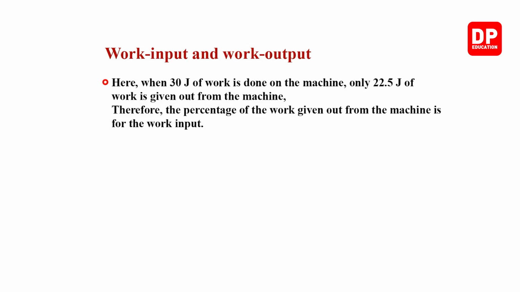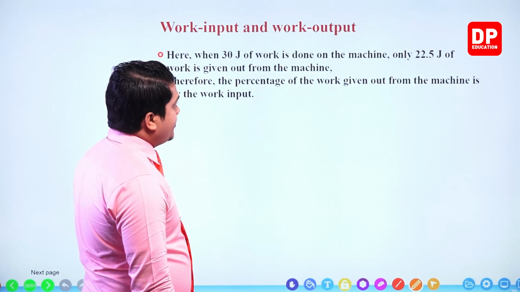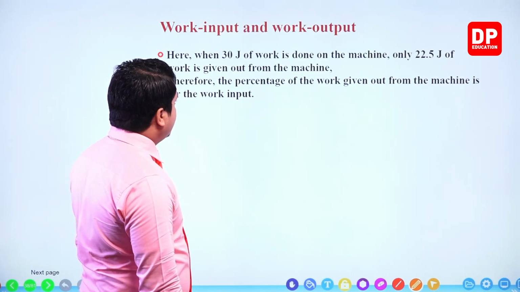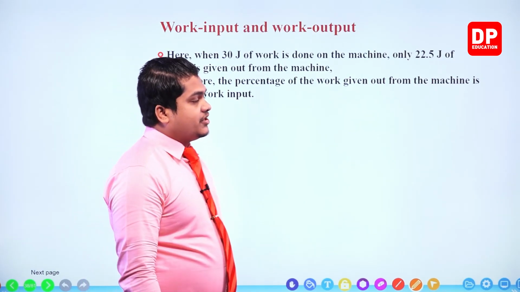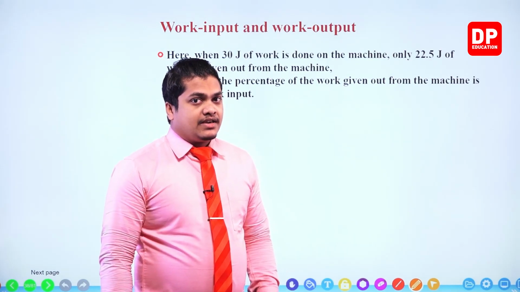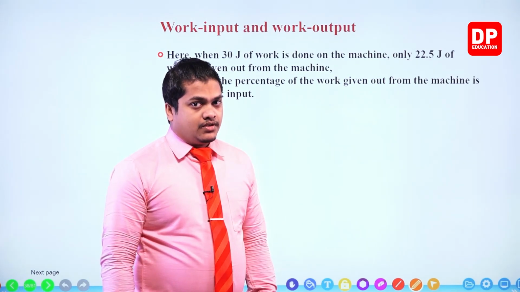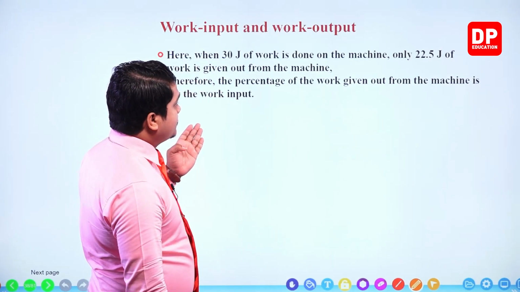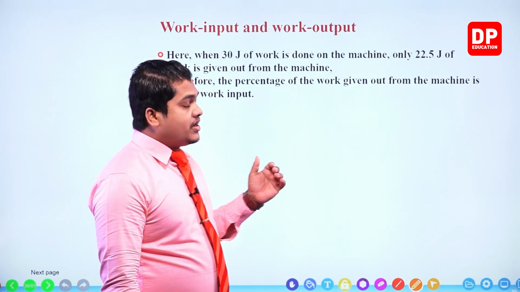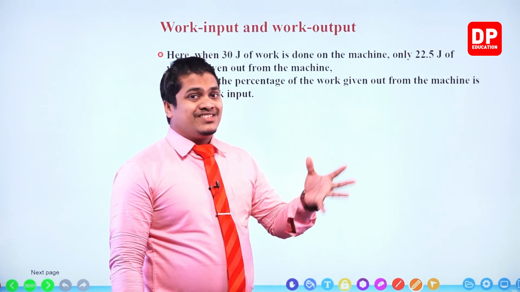So here it is given, when 30 joules of work is done on the machine, only 22.5 joules is given out from the machine. So my dear children, when we are giving 30 joules of work, that means when 30 joules of work is done on the machine, only 22.5 joules is resulted.